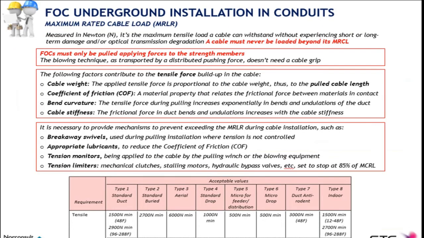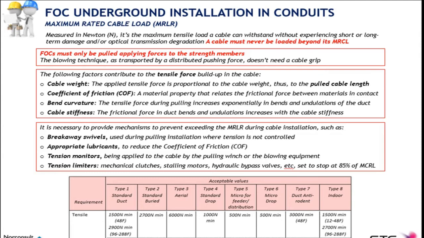Next slide is on the maximum rated cable load. This is another important parameter of the cables that must be met at all times. The maximum rated cable load, or maximum tensile load, which is exactly the same parameter. It is measured in newtons, as all forces are measured in newtons.